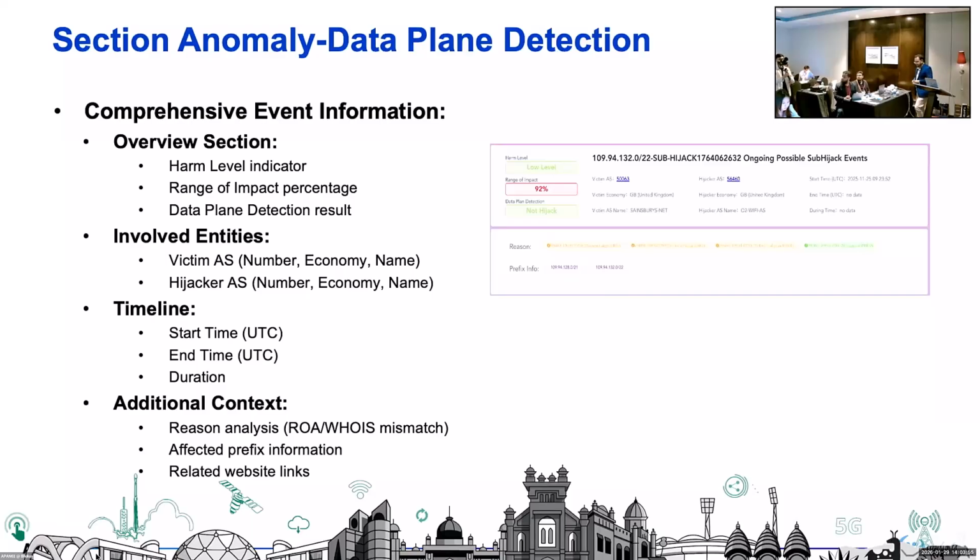Also, another very important thing: you will see the reason why it is showing this impact percentage and why your prefix is hijacked. If it is a ROA mismatch, or a WHOIS database mismatch, or someone actually announcing your prefixes, you'll get all that information here. And if any of your websites is affected, the website address will also be available here, and the prefix information too.